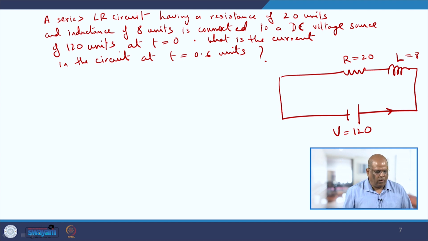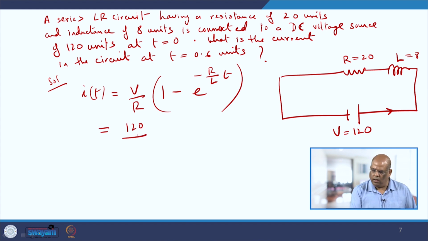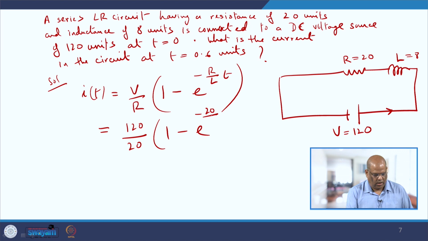So, you already have the formula, which says that the current at any time t is given by V by R into 1 minus e to the power minus R by L into t. So, the value of V is 120, the resistance is 20, the inductance is 8, and the time is 0.6.